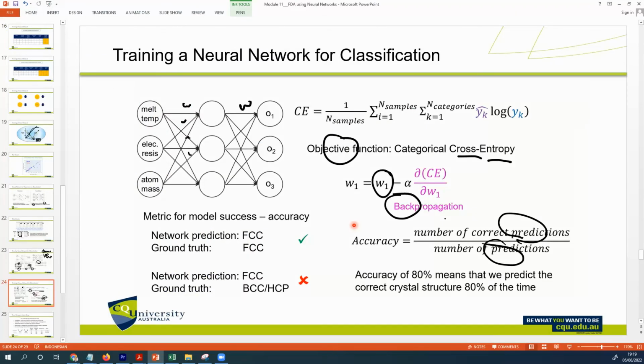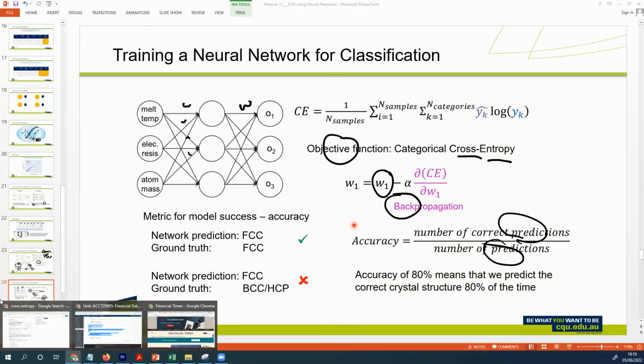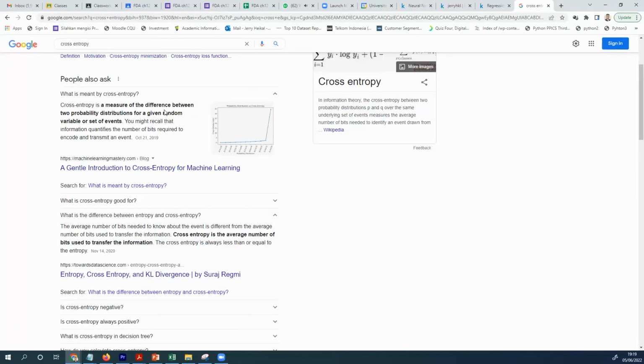We need to ensure in the neural network for classification that the cross entropy score is high, meaning the difference between the two distributions is high.